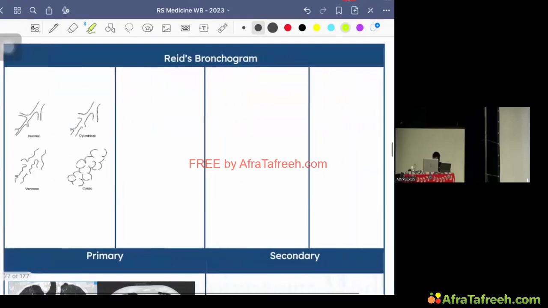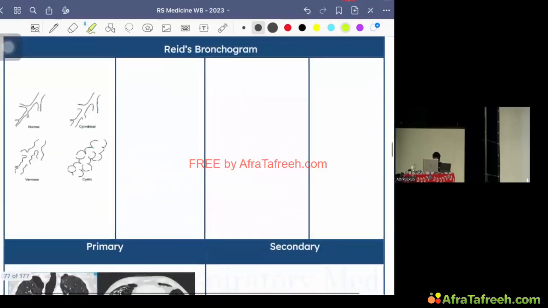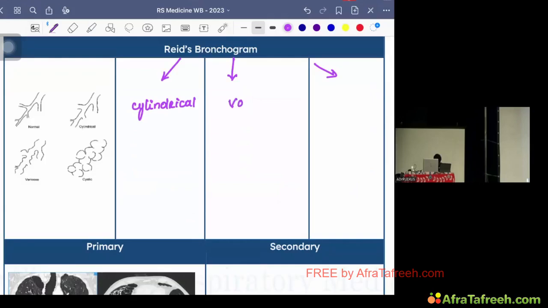This, as we saw earlier, is based on the bronchogram called Reid's bronchogram. In Reid's bronchogram, we divide into three types: cylindrical, varicose, and cystic.